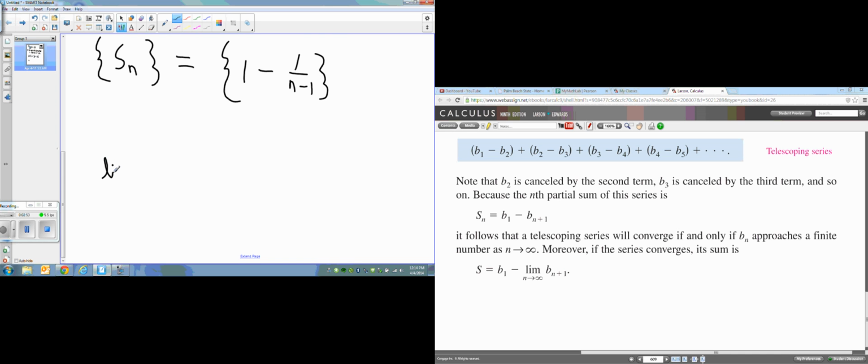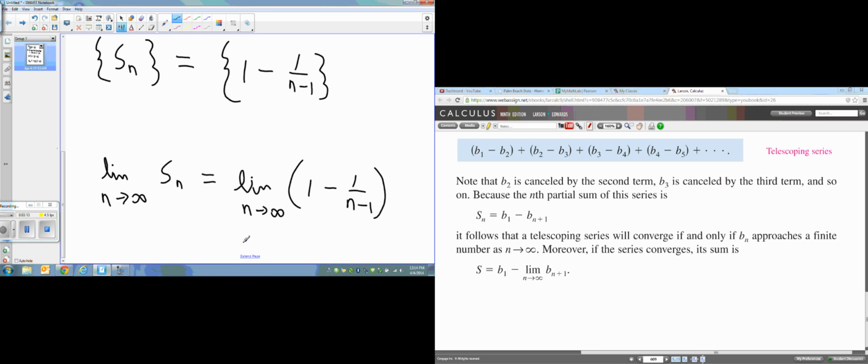We look at the limit as n approaches infinity of the nth term of that sequence, Sn, which would be just this limit, 1 minus 1 over n plus 1.